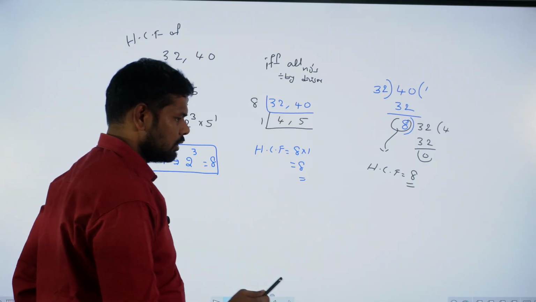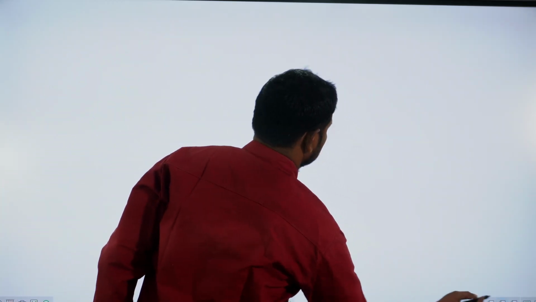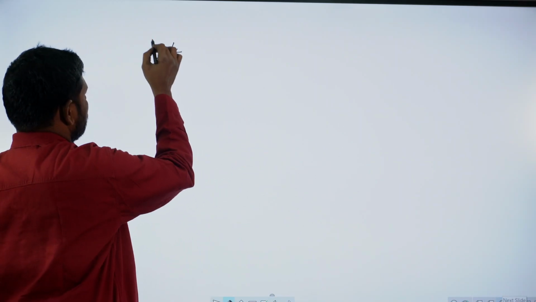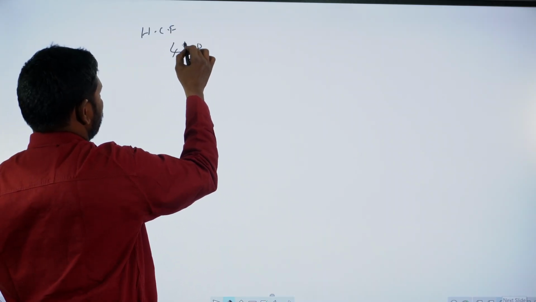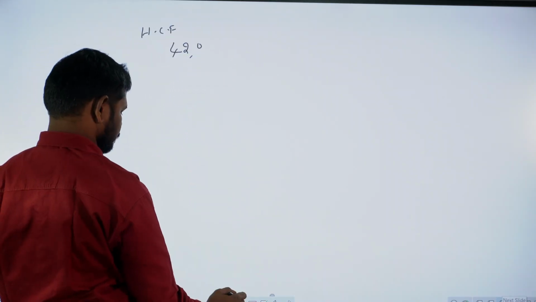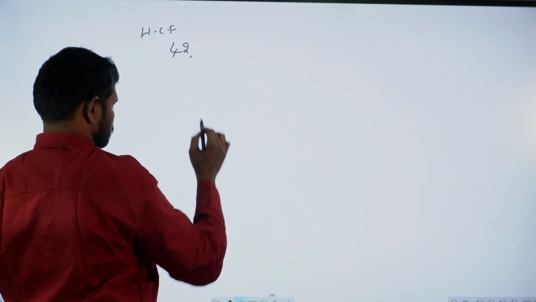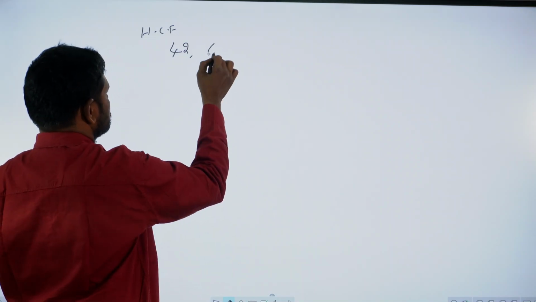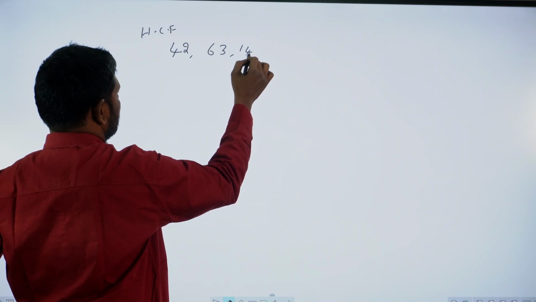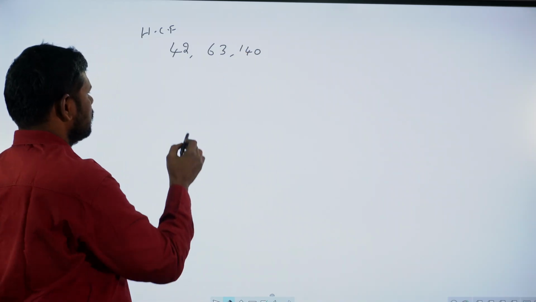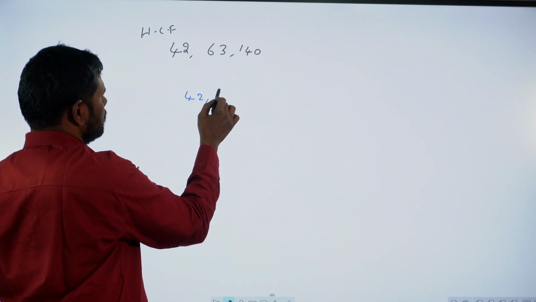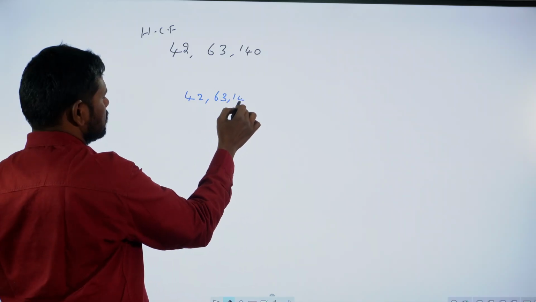Suppose one more question we look at: find the HCF of 42, 63 and 140. You can go with short division, that is also okay.